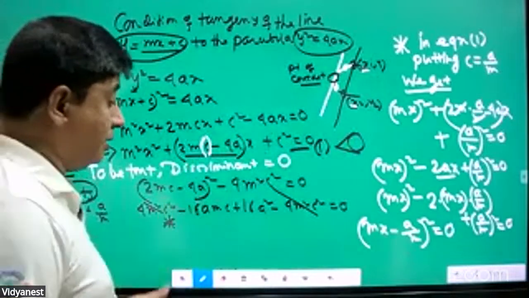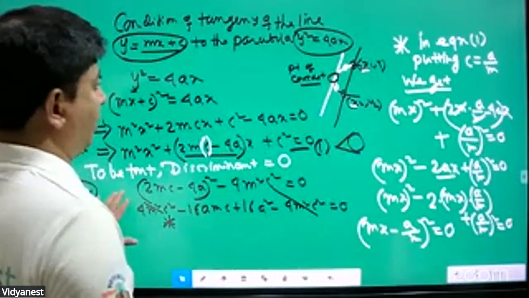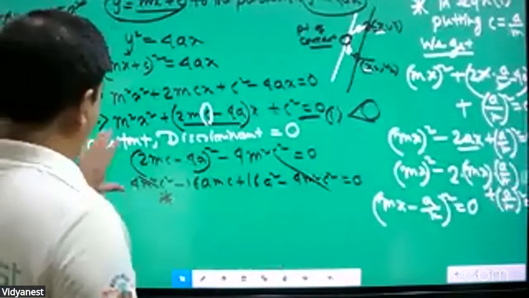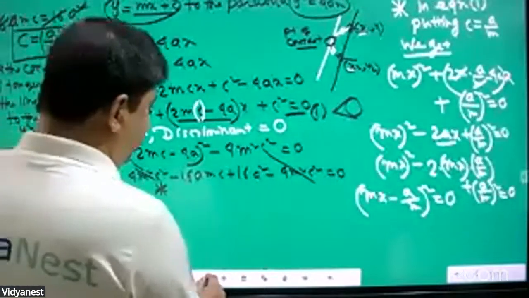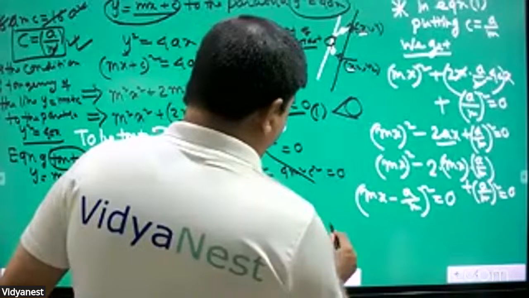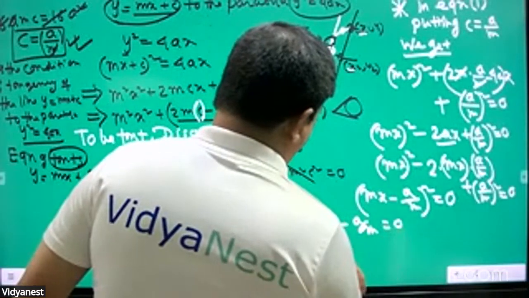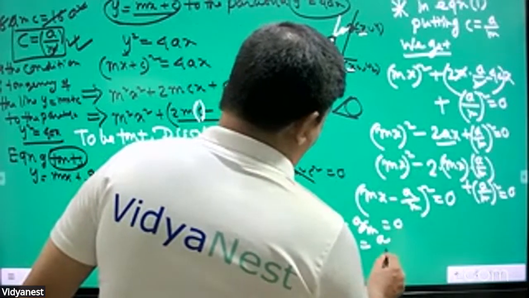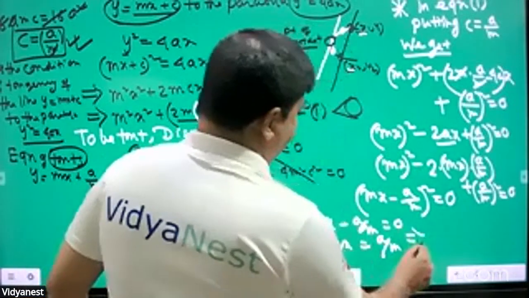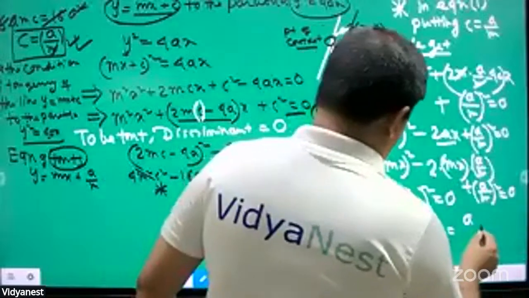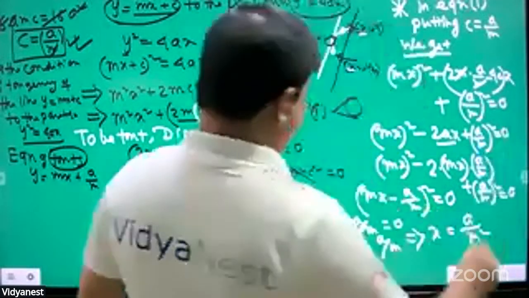From here, what conclusion can we draw? mx minus a by m is 0, so mx is equal to a by m, x is equal to a by m square.